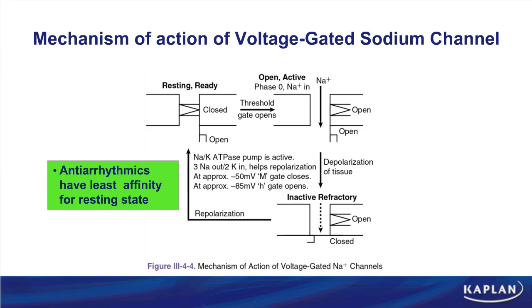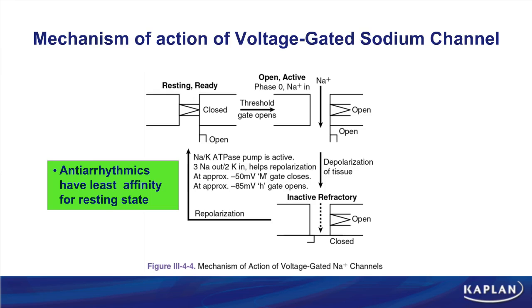They go back to the resting state, where the M gate closes and the H gate opens. The signal to return back to the resting state, at approximately -50, the M gate closes. At about -85, the H gate opens. So you have to get to a negative enough membrane potential to reset your sodium channels.